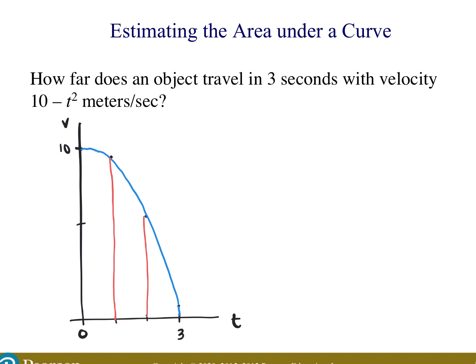Now, if I take my first one and I say, if it was a perfect rectangle, how much would the area of that be? It has a height of how much? 10, and a base now of only 1. So this would have an area of 10.